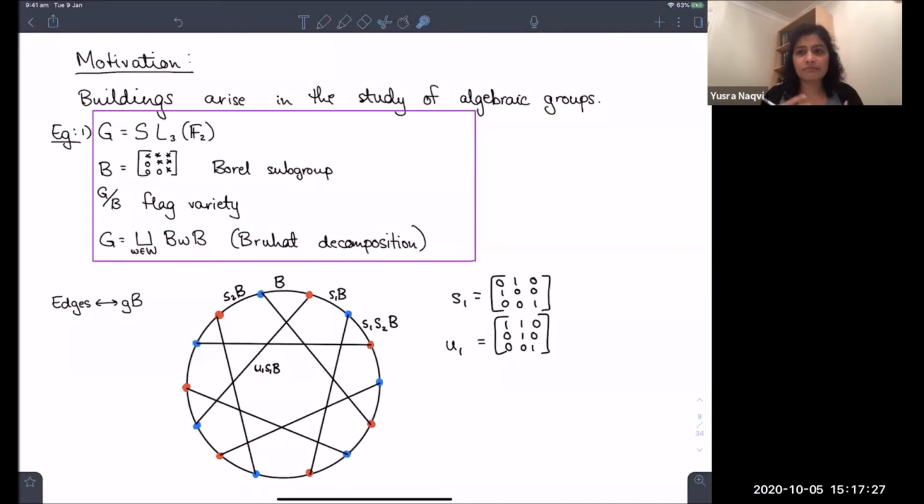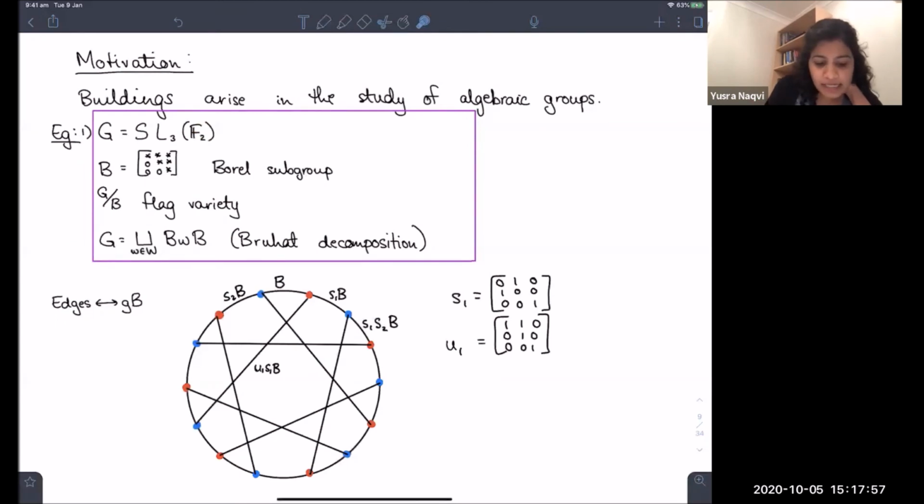And I'm not going to write out the full correspondence, but here are examples that lead to the two pictures that we have before, and also indicate why we see these Coxeter complexes and where the Coxeter groups come in. So if I have a reductive group over the field with two elements over here, I can look at a Borel subgroup, which for our example is just the upper triangular matrices.